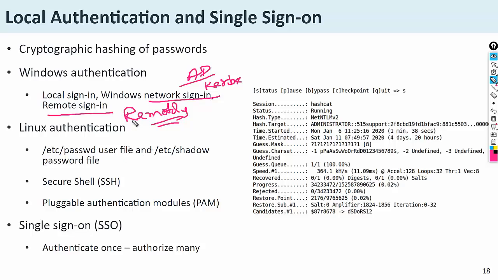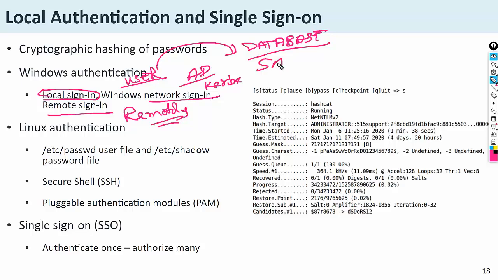So now the question is: how does the local computer or the Windows computer know your username and password are correct? Ultimately, Windows has a database inside it where your username and password are saved. This database is known as the SAM database.